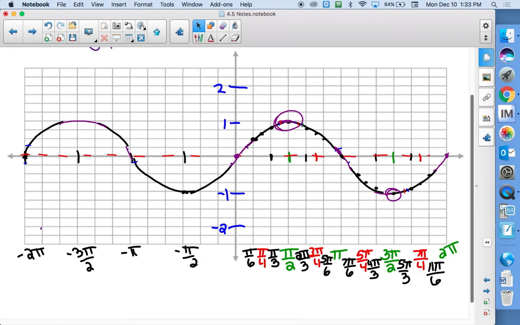So if you rotate around the unit circle, how far are you going in one rotation? 360 degrees, or 2 pi. So one rotation around the unit circle, from start to finish, we start at 0, we end at 2 pi, and then we rotated and calculated all the angles of the unit circle. That's called a period.